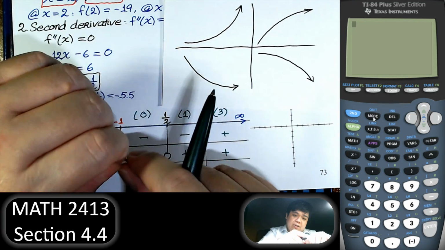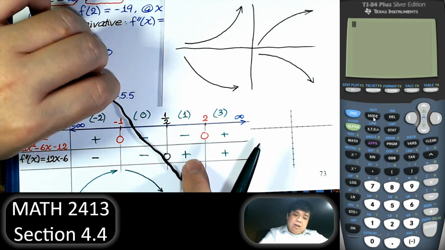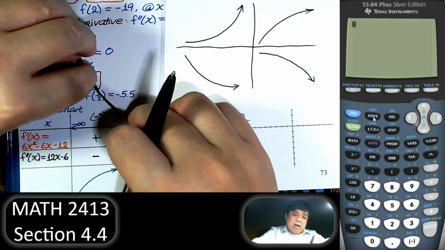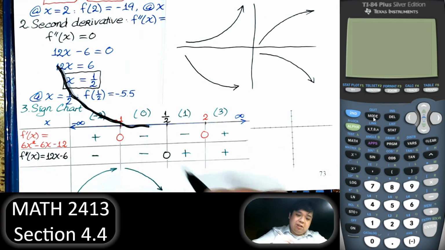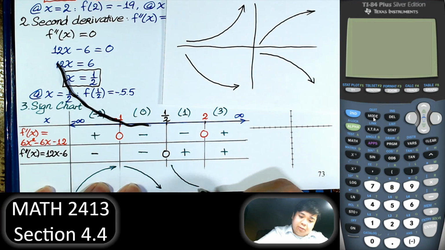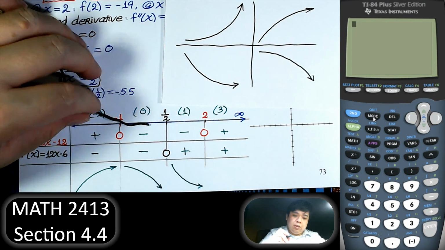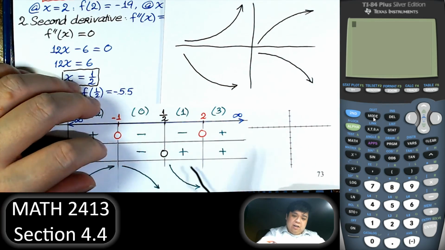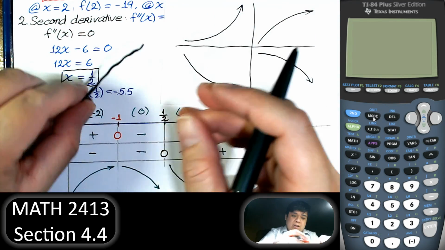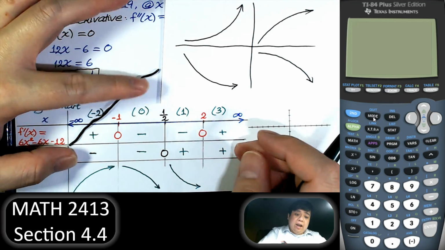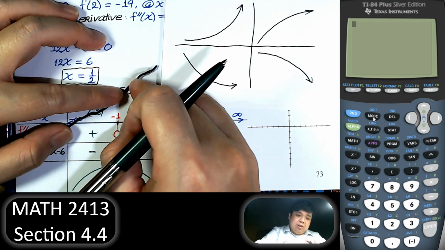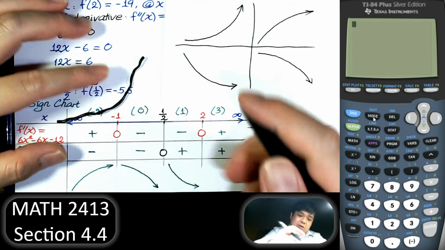And then negative, decreasing, but it is concave up, so we bend it up. And then positive, increasing, and then bend it up for concave up.